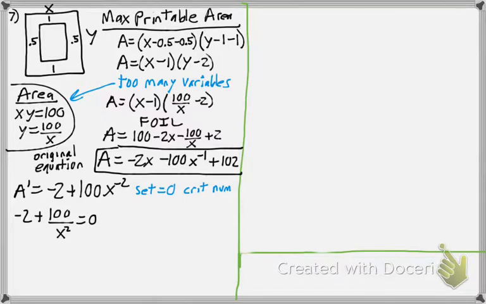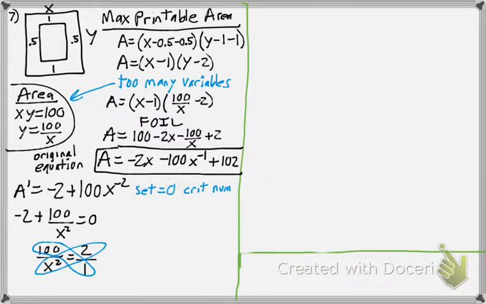And I'm going to solve this one a little bit differently than we did before. So on one of the previous problems we got a common denominator. You can still do that here. I'm actually just going to add 2 to both sides to get 100 over x squared is equal to 2. And that's actually 2 over 1. So I'm doing that because that allows us to take the cross products because it's a proportion.